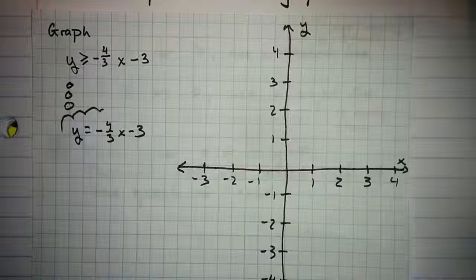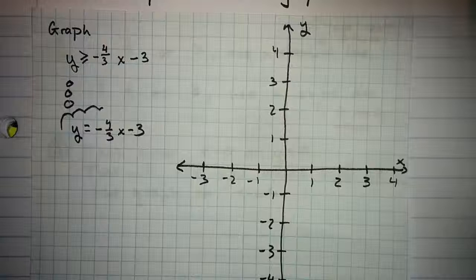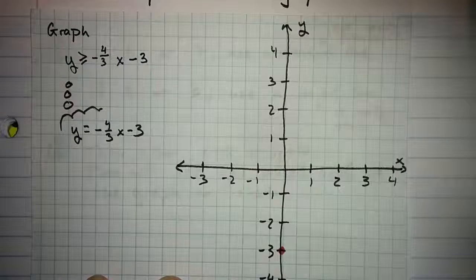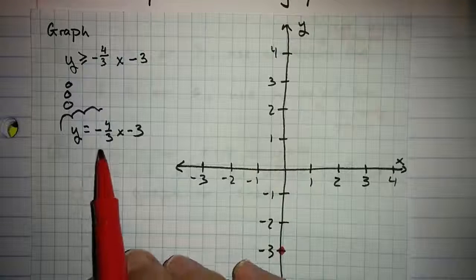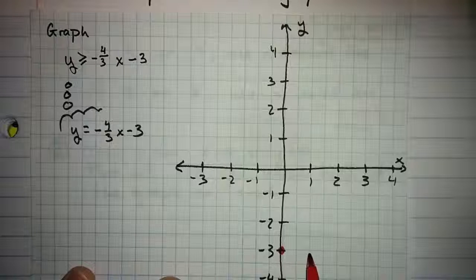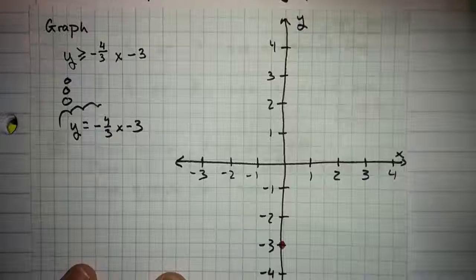This is given in slope-intercept form. So we're going to just go with using the y-intercept, -3, and then the slope, -4/3.